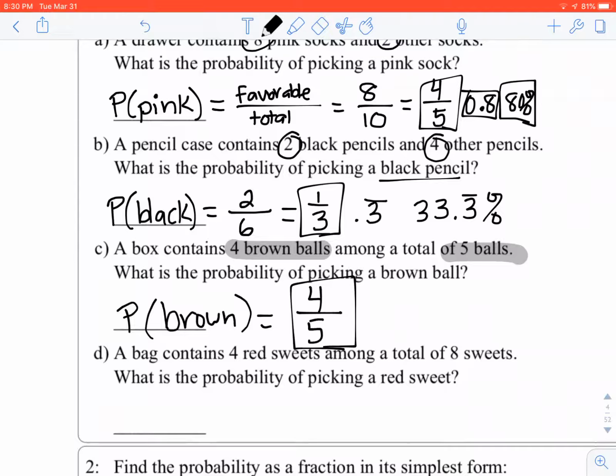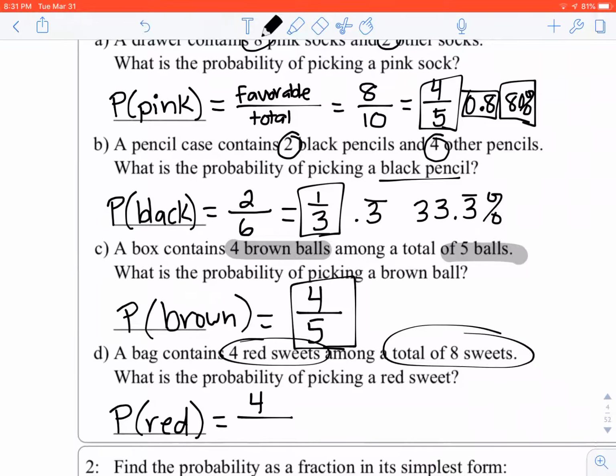Letter D. A bag contains 4 red sweets, among a total of 8 sweets. What is the probability of picking a red sweet? Okay, so favorable over total, we have 4 red sweets. And just like letter C, they're giving us the total again.